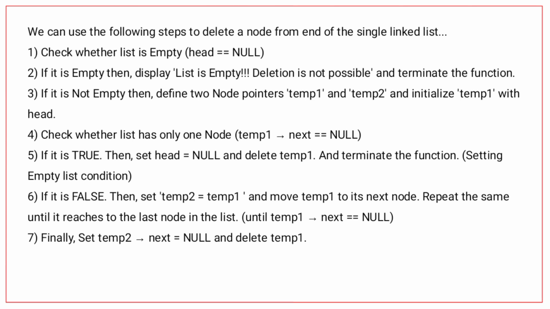Repeat the same until it reaches the last node in the list. Step 7. Finally, temp2->next equal to null and delete temp1. Now, these are the steps to follow to delete a node from end of the single linked list.